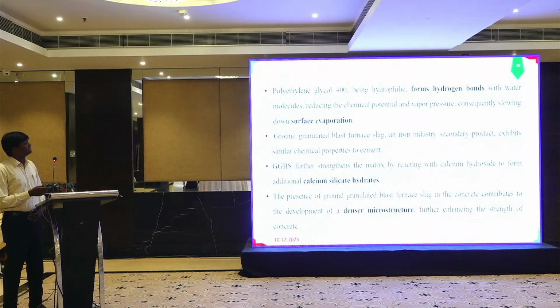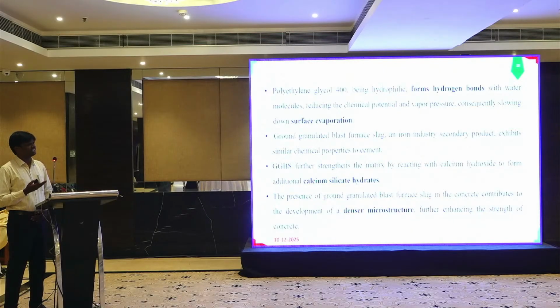Due to this, sufficient moisture is available inside to gain the strength. GGBS is an iron industry waste material which has similar properties to cement, and it improves the density of the concrete by forming additional calcium silicate hydrate, C-S-H, and it also fills the microstructure.